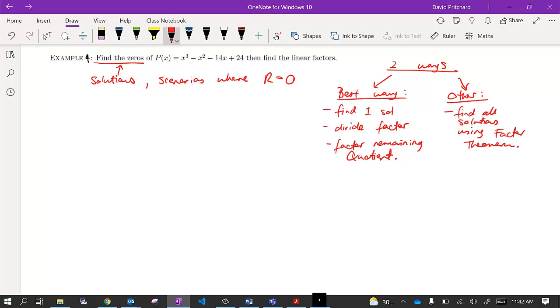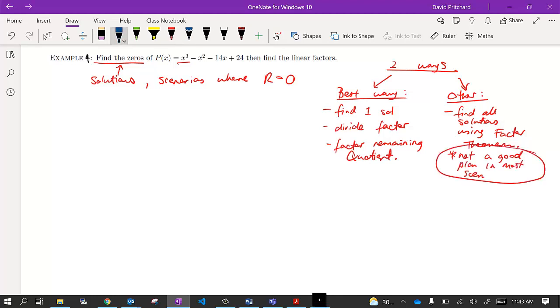Now this is problematic because we look at this and we see a cubic and we go, there must be 3 solutions, but it actually means that there could be 3 different solutions, there could be 2 solutions, or there could be 1 solution. So you have to be careful there, and this is probably not a good plan in most scenarios.